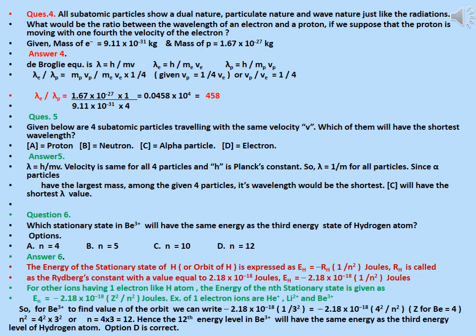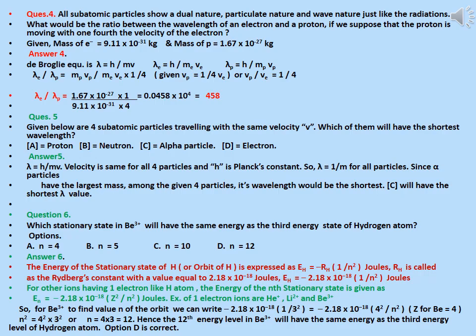So, for this also, to arrive at the answer, we use de Broglie's relation. We know that lambda is equal to h by mv. Velocity for the 4 particles is the same, and h is Planck's constant. So the equation finally reduces to lambda is proportional to 1 by m for all the 4 particles.